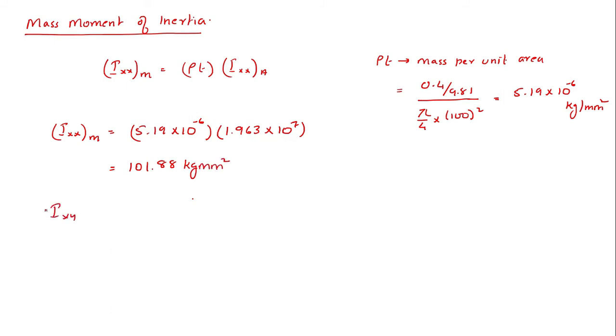Similarly, Ixy, the product of inertia, will give me 5.19 into 10 raised to minus 6 multiplied by 1.25 into 10 raised to 7, which will give me 64.9 kilogram millimeter square. Okay, so as such we have found out the area moment of inertia as well as the moment of inertia with respect to xx and xy respectively.